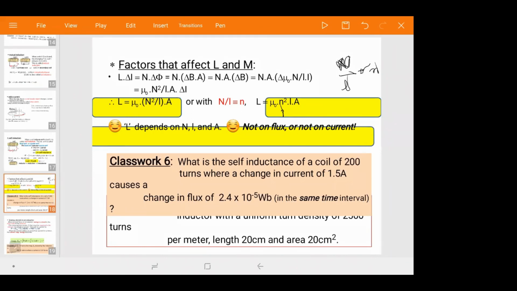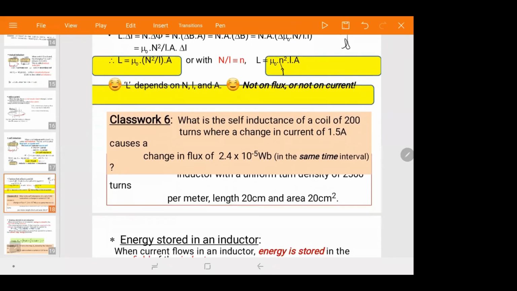You can ask how much is the resistance if you divide voltage over current, you know? But resistance is equal to rho l over A. The same thing is happening here. L times change of current equals N times change of flux. So from that, you can get L. This is a simple calculation. So it does not mean that it depends on flux over current.